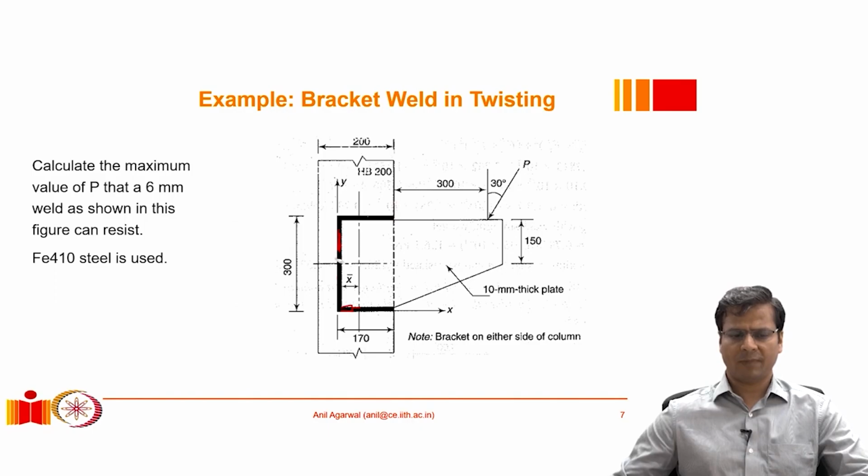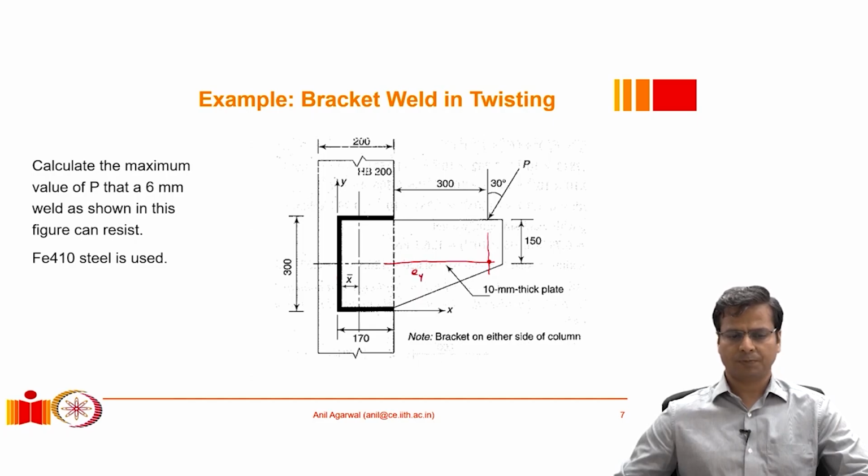However, that would have been the stress had this force been acting actually at the centroid of this weld group. But this force is not actually acting here, but it is acting at an eccentricity which is this much here. So this eccentricity we need to calculate. How much is this eccentricity? The eccentricity in the x direction, which is relevant for the vertical component of the force, we will call Ey.